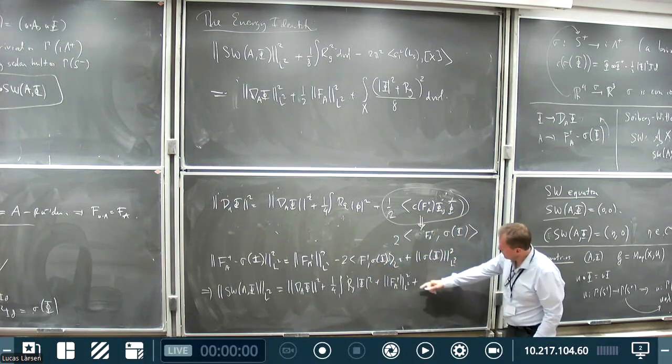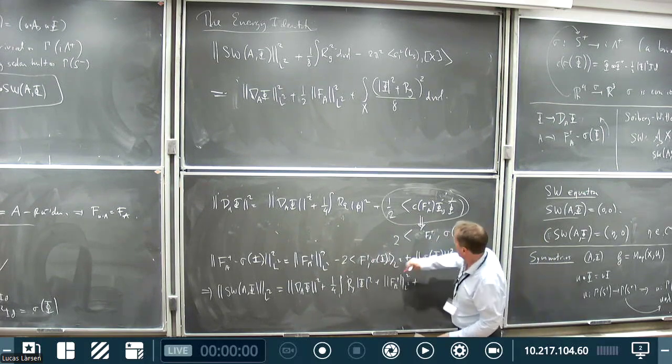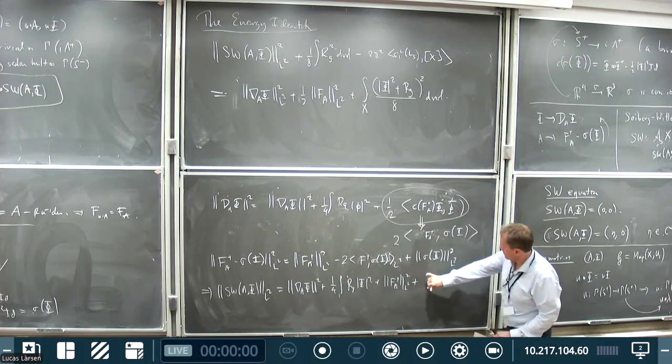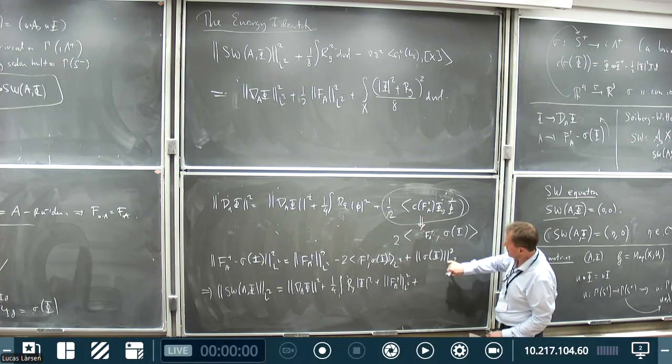Let's think about this before I write it. So I've just copied the terms. These cancel when I add them up. What about this one? This is fourth order in phi when I take the L2 norm, the square of this.